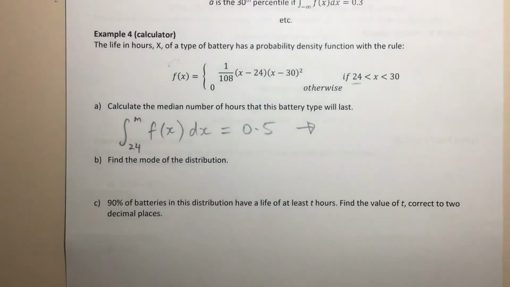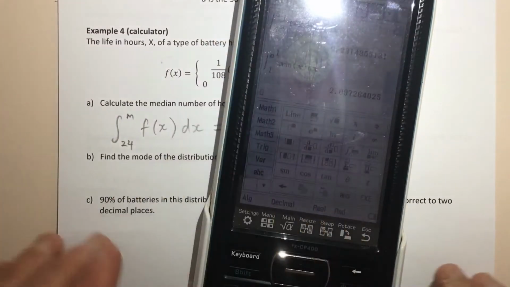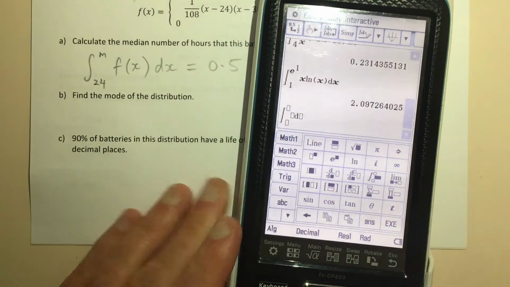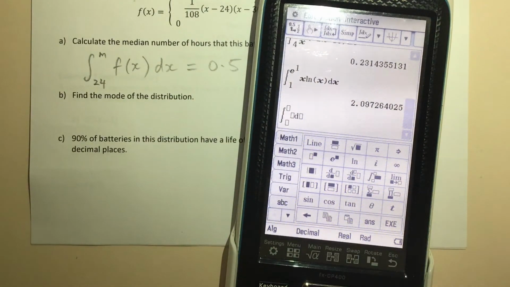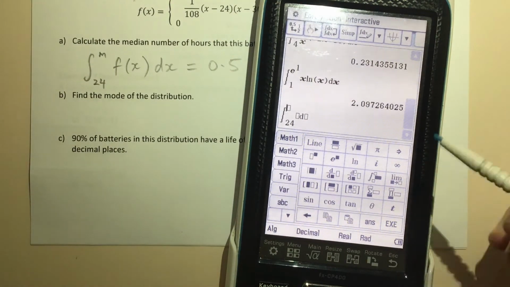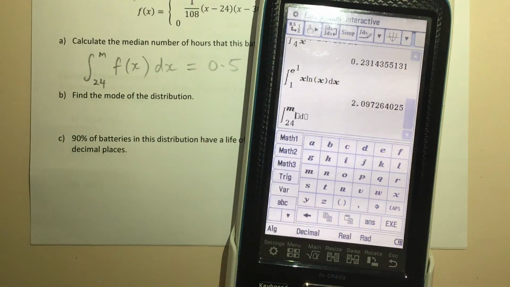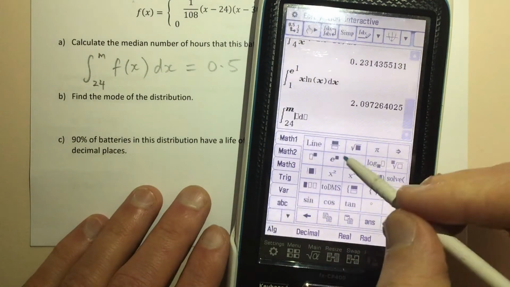All right, so now let's get the CAS to do a bit of legwork for us. So we set up our integral. We're going to use m as our upper terminal, that's going to be our median. And then we're just going to put the function in.